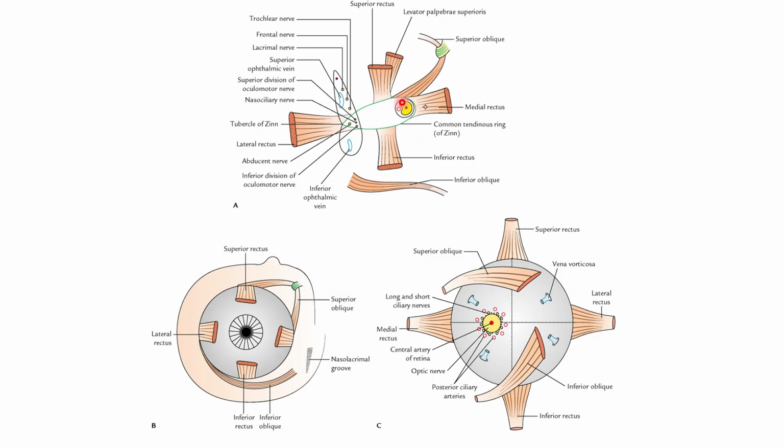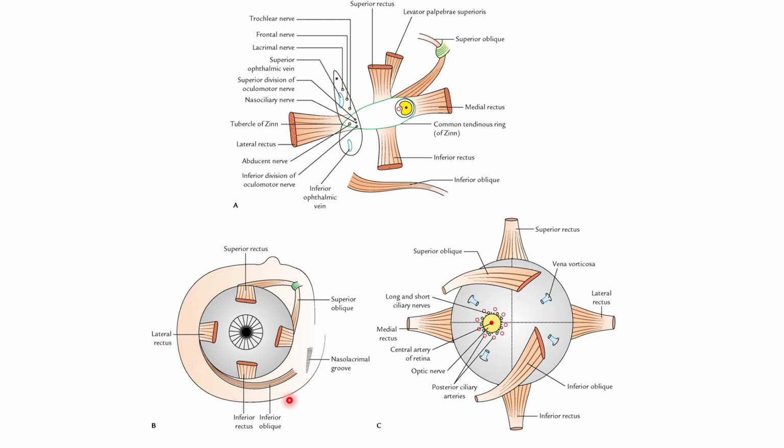We can also look at the attachment of the superior oblique, which takes its origin from the undersurface of the lesser wing of the sphenoid and medial to the common tendinous ring. It is directed forward between the roof and the medial wall of the orbit, passes through the fibrocartilaginous pulley, and is directed backwards and laterally to get inserted onto the sclera behind the equator.